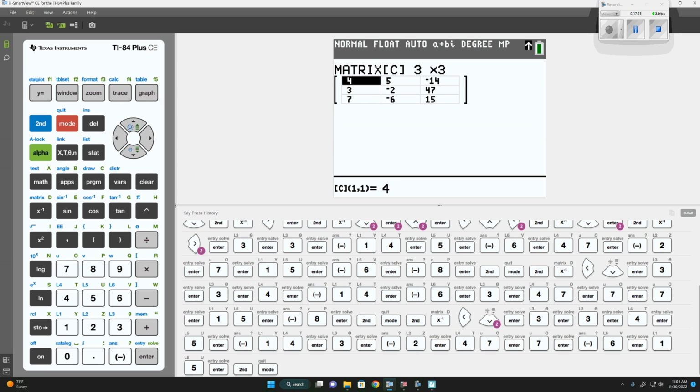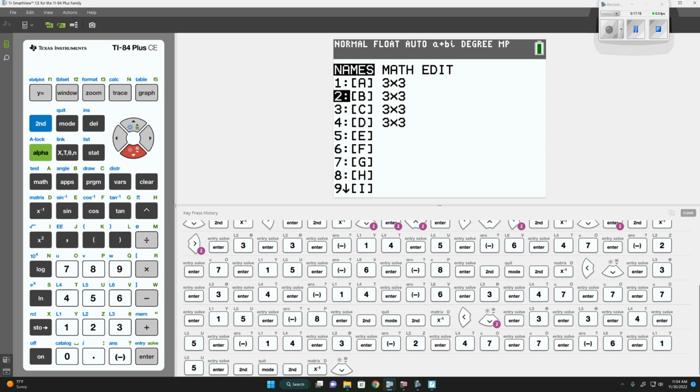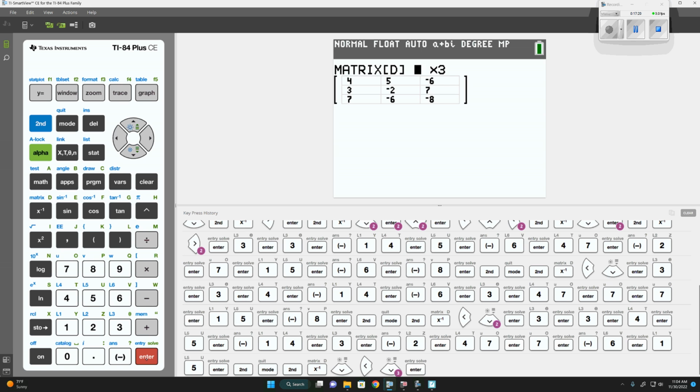Now we have one more matrix to plug in, which is going to be matrix D, which is just the original matrix. So 4, 5, -6, 3, -2, 7, 7, -6, -8.